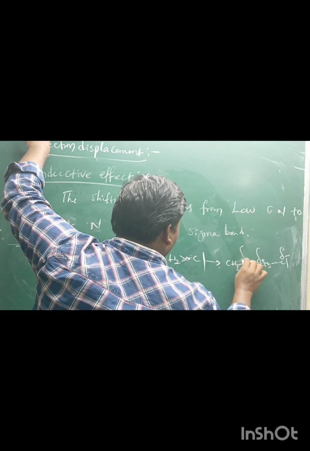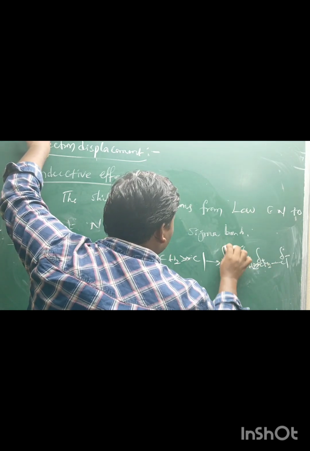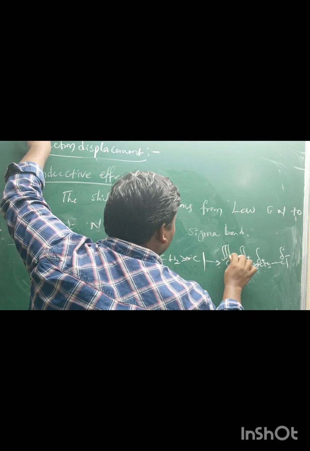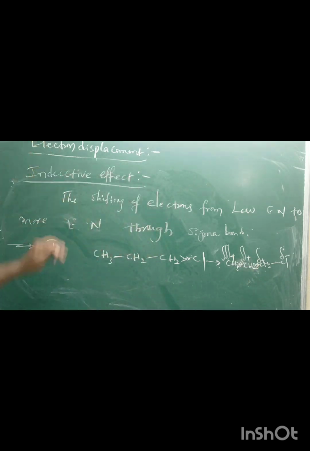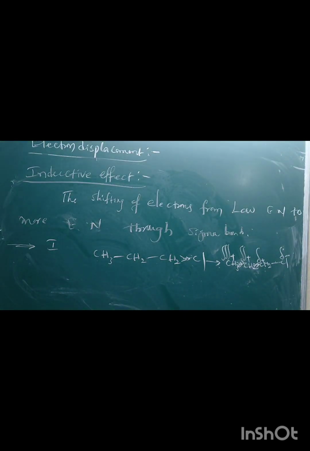This electron moving towards here also carries a positive charge. Simply, the displacement of electrons towards the more electronegative atom through a sigma bond is called inductive effect, or the transmission of unequal sharing of bonding electrons through a chain of atoms in a molecule.